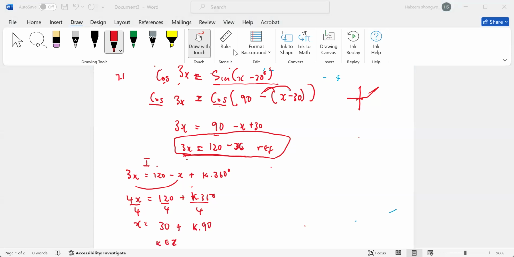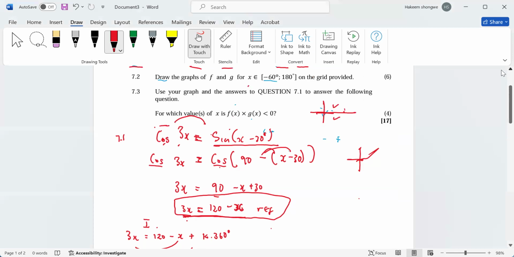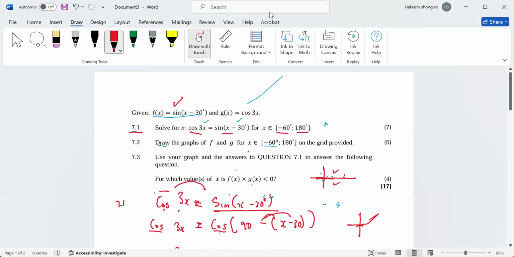Let's look at this. Tiago, are you still here? Yes, sir. So you are asking, how did we change this sine to become this? That's the question, if I'm getting you correctly.